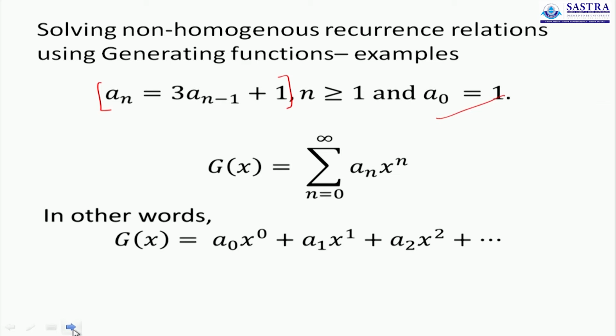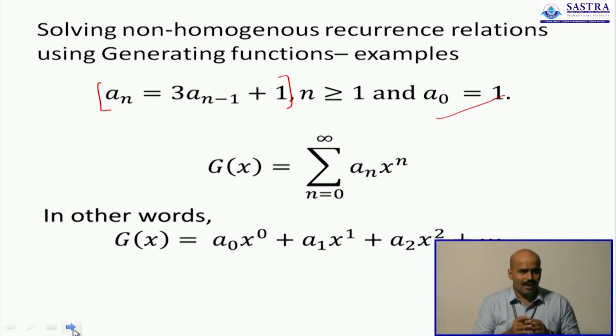Now we do not have all of that in the question. The question just says the relation between a_n and a_(n-1). We do not have any room to introduce these powers of x.